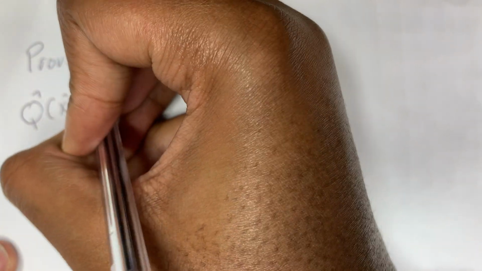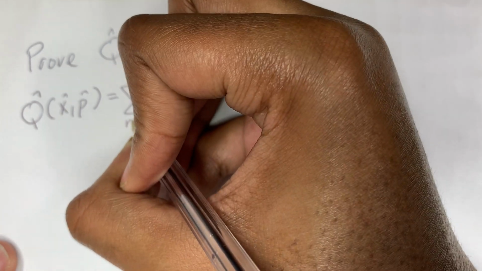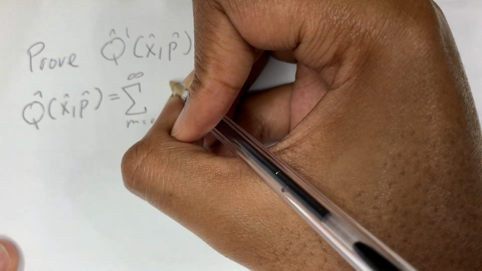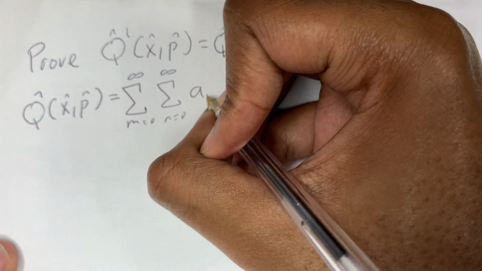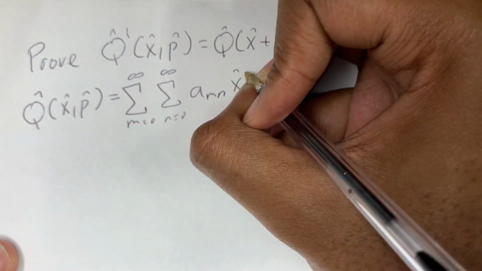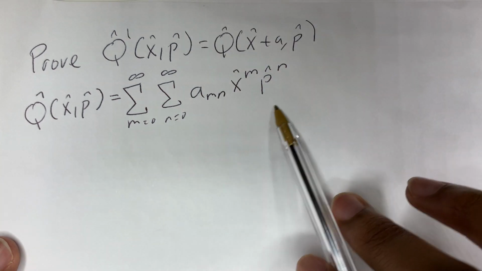So we assume that it can be written in terms of a power series. That power series being m equals 0 to infinity, n equals 0 to infinity, a_mn x hat to the m, p hat to the n. So that's the power series.